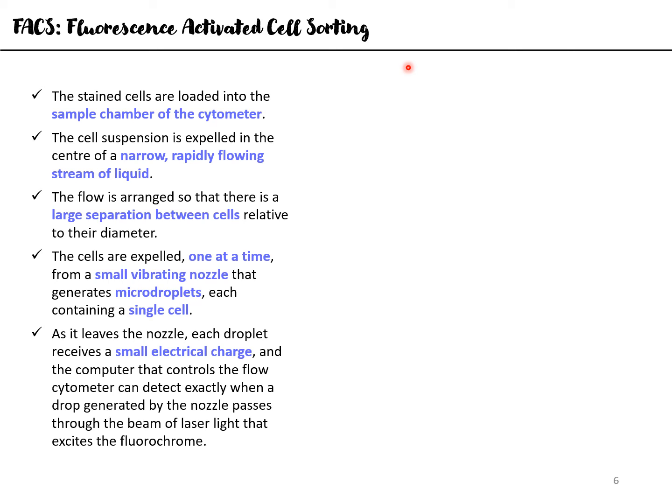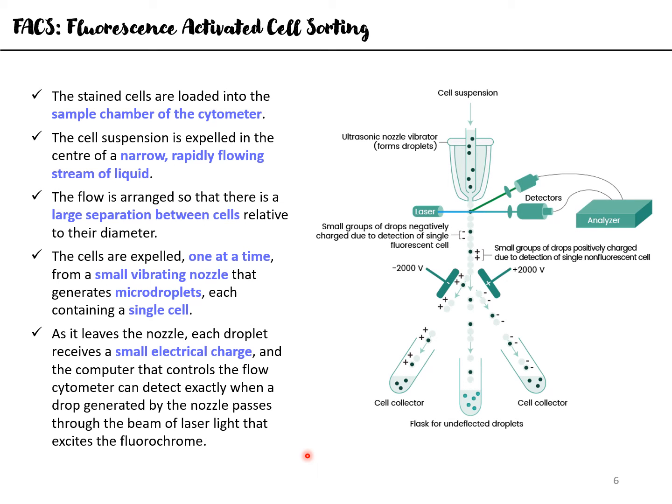The computer that controls the flow cytometer can detect exactly when a drop is generated by the nozzle, and this drop passes through the beam of laser light that excites the fluorophore. Okay, so the computer system is hooked up such that it can detect exactly when this drop passes through the beam of laser.